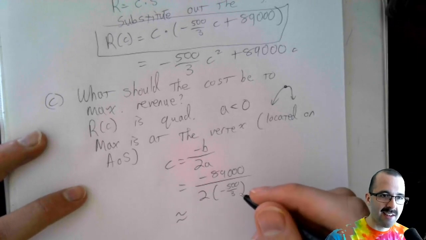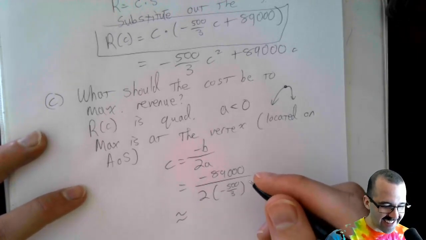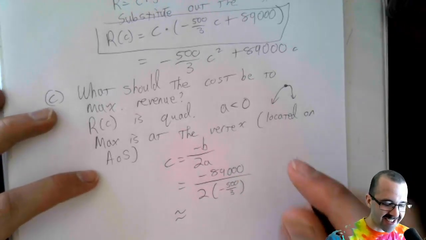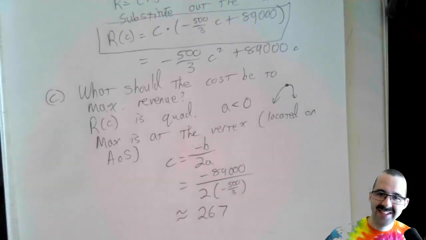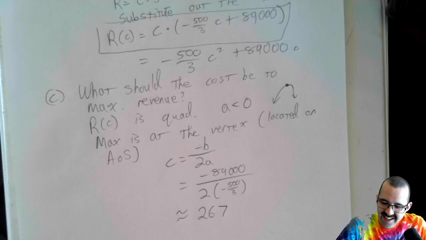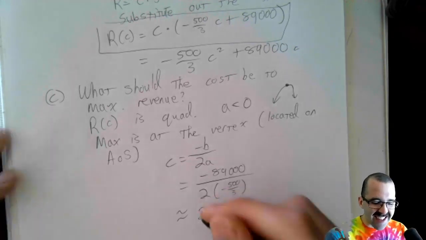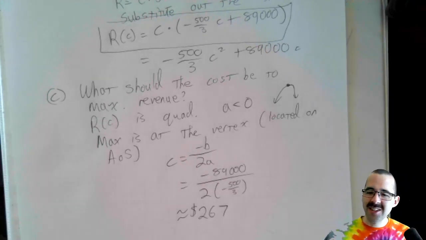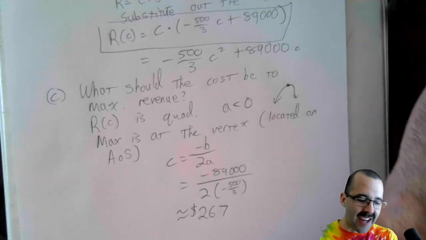You're going to get, this is something interesting, you're going to get 267. $267 is what you should be charging these people as a newspaper company to maximize your revenue.